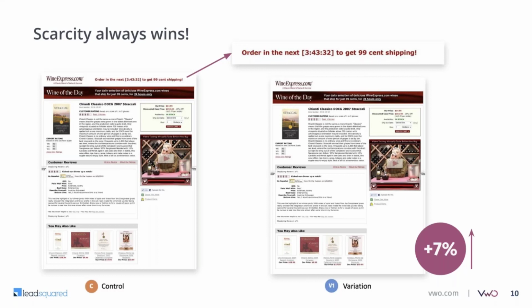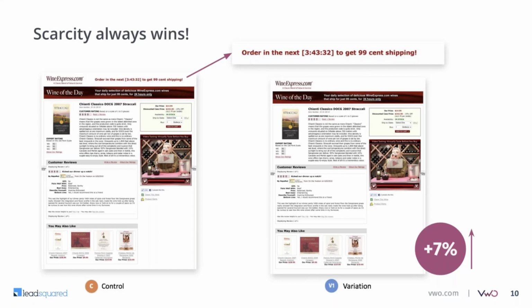Now again, most of you would think, hey, scarcity always wins, and you always get more conversions if you create that fear of missing out. But again, let's look at the kind of users that Wine Express gets. While doing the analysis, they realized that Wine Express gets a lot of sophisticated wine buyers, and once they see such marketing tactics, they get turned off and they bounce off from the page.